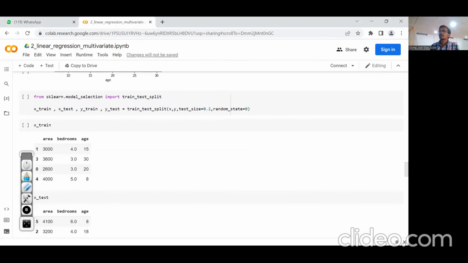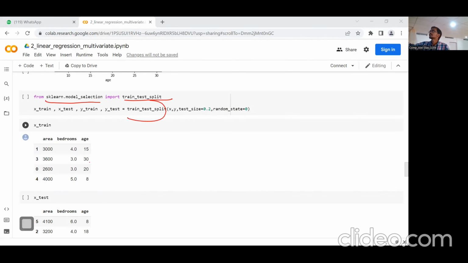Now, first you have to split the data set. So again, from sklearn.model_selection, import train_test_split. This is a function. You pass the parameters, features. Now, I always told you that whatever feature you're passing, it is always in 2D.